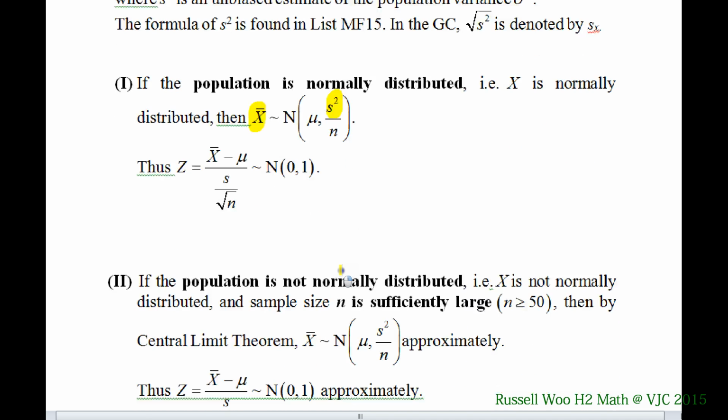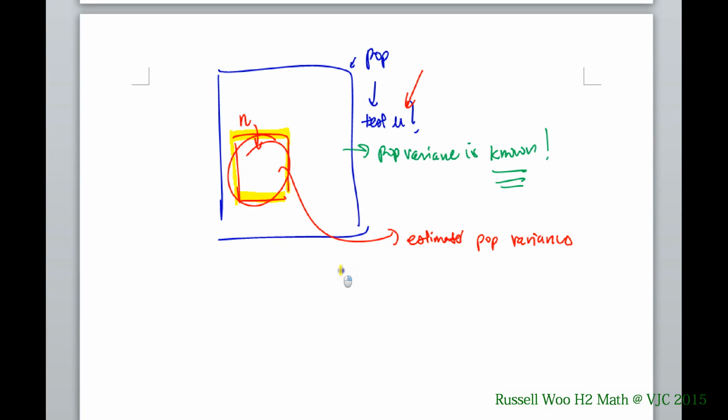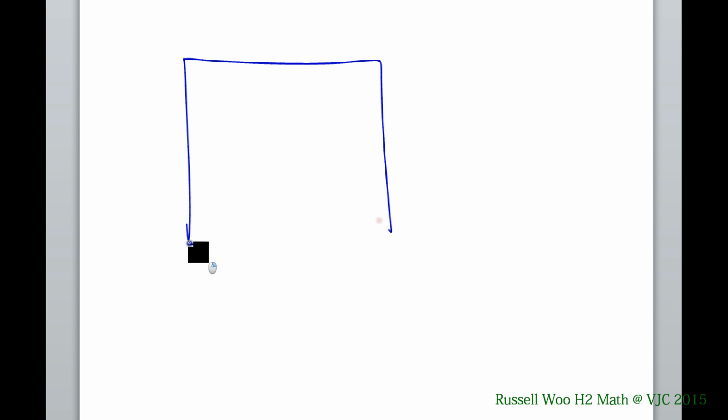What if the population is not normally distributed? Look, one more time. All along, we have been doing this. In examples 1 to 3, we have all along said that X is normally distributed.